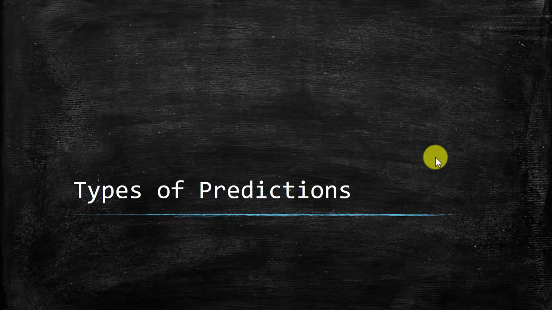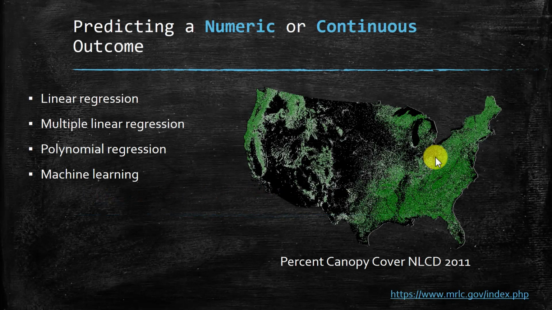Okay, so before we get into talking about the method of creating a prediction, let's talk about types of prediction. And here we're mainly going to focus on the types of variables that we are trying to measure or predict. Okay, so first off, you might be trying to predict something that is a continuous or numeric variable or outcome, so interval or ratio type data.